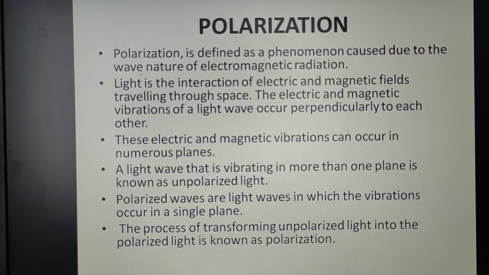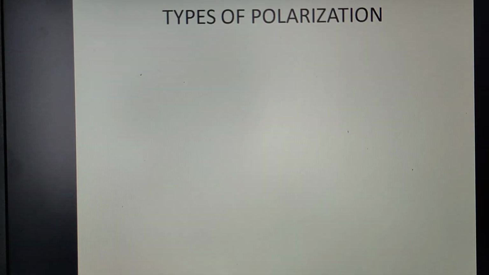Okay, the process of transforming unpolarized light into polarized light is known as polarization. So how will we transform? Let us see. The types of polarization that are present: first, linear polarization. When I say linear polarization, from the name itself, what does it mean? It means straight line.